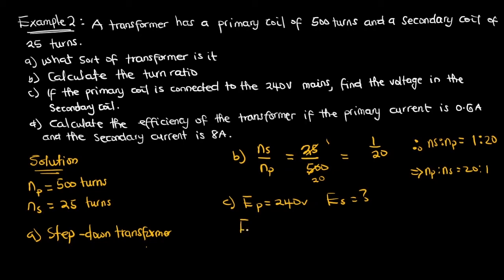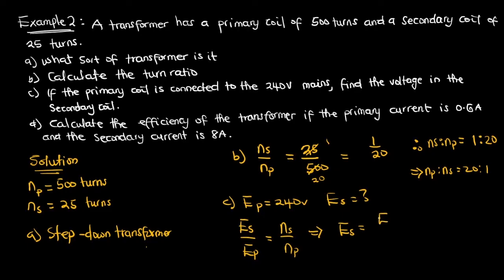So for this ES, the secondary voltage over the primary voltage is equal to the number of turns in the secondary over the number of turns in the primary. This is the ratio we'll be using. Are you okay? So from here, to make the secondary voltage the subject, ES will be equal to this will multiply this, this will multiply this.